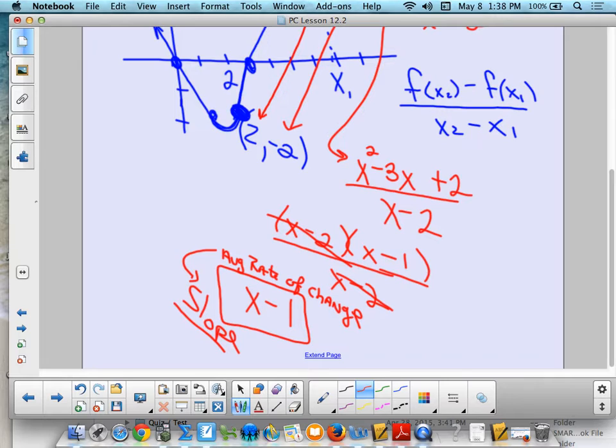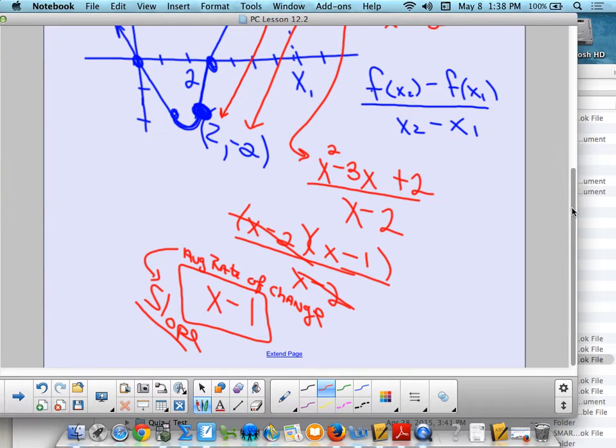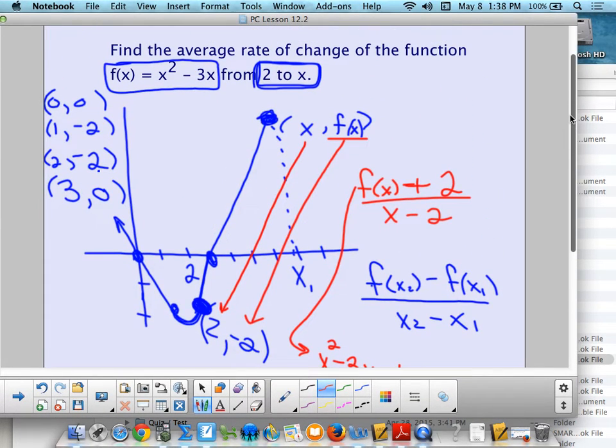Any questions? Does anybody feel like that was confusing, what I just said? No? So then what, hey, look, I want to see if you know this. What would the slope be from 2, let's go out a ways. Let's go 3, 4, 5, let's go to 6. From 2 to 6, what's the slope?